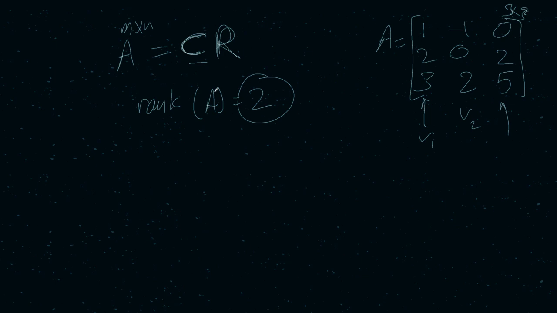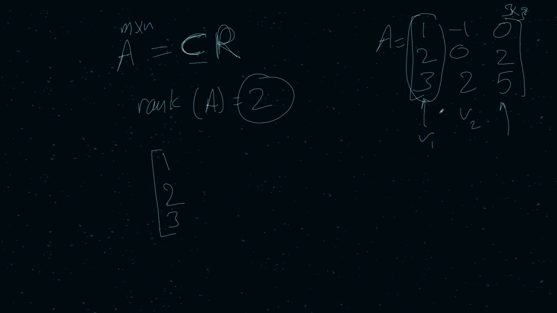Okay. Looking at the matrix, I will check which columns are independent. You can start from this one or from that one, and go to the right or to the left. You are completely free in selection. It doesn't matter. So now I will start with v1. In v1 I have 1, 2, 3. For sure the first one is independent, because it is the first one and there is nothing before it.